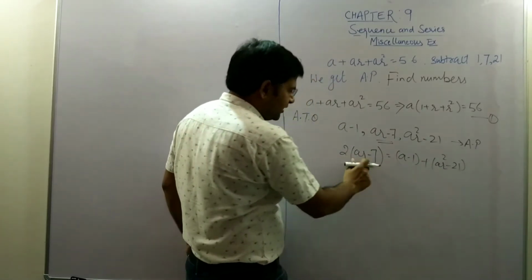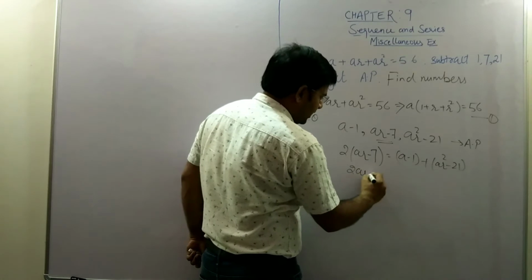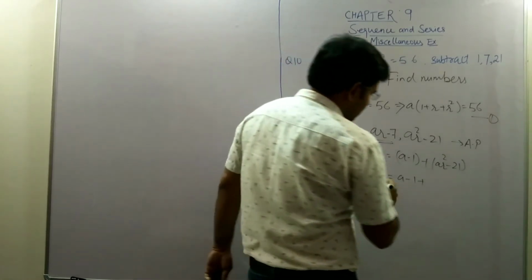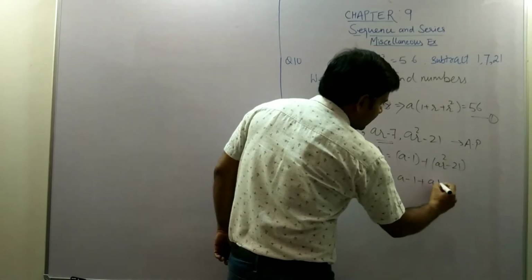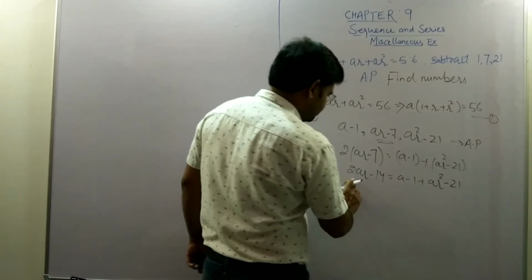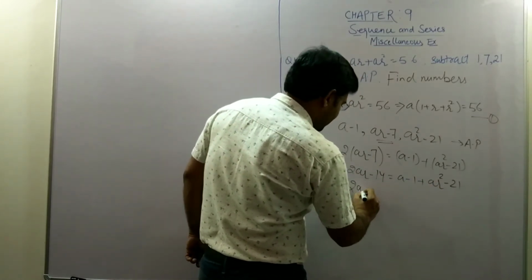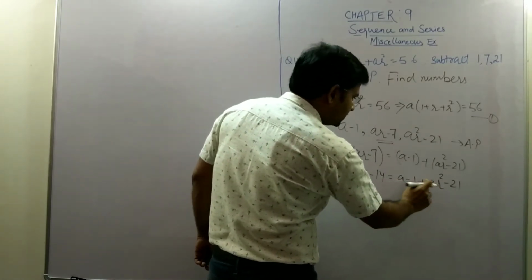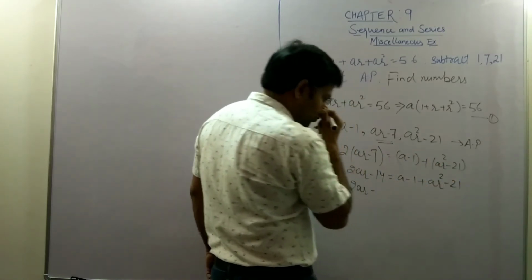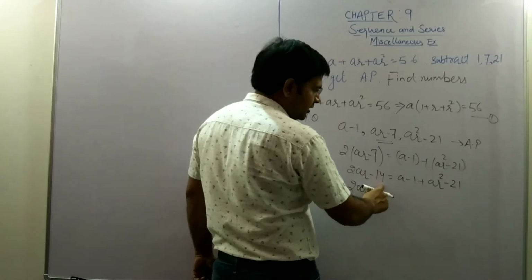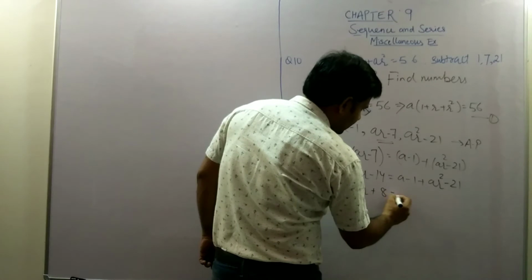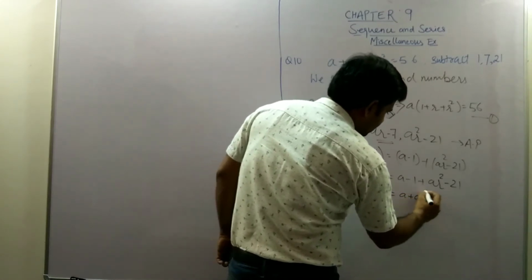Now we can simplify this: open this, 2ar - 14 = a + ar^2 - 22. So 22 you bring to this side, and minus 14, so this is going to be 8, equal to a + ar^2.